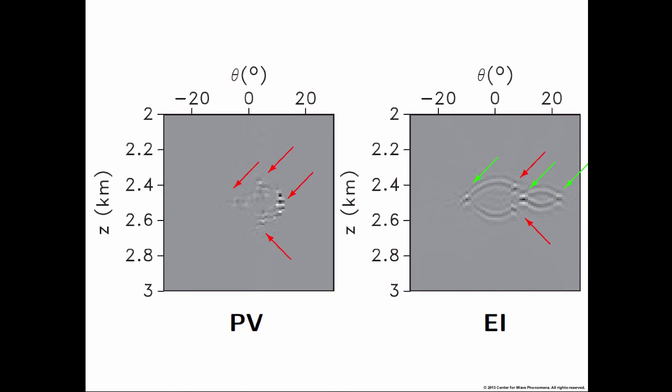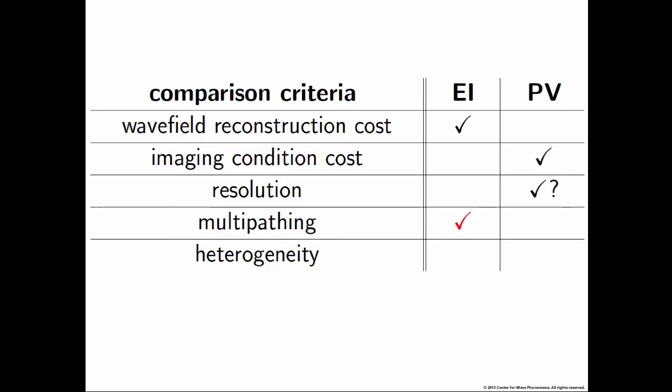And the pointing vector method, in this case, does very poorly because it averages all the angles and doesn't capture the correct incidence angles at the image location, and also has some crosstalk events. So in case of multipathing, the extended image method does better than the pointing vector method.